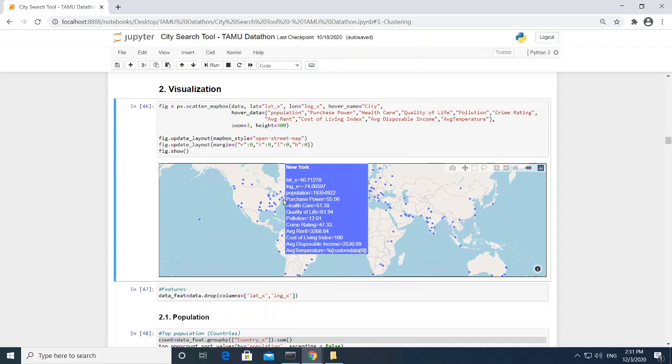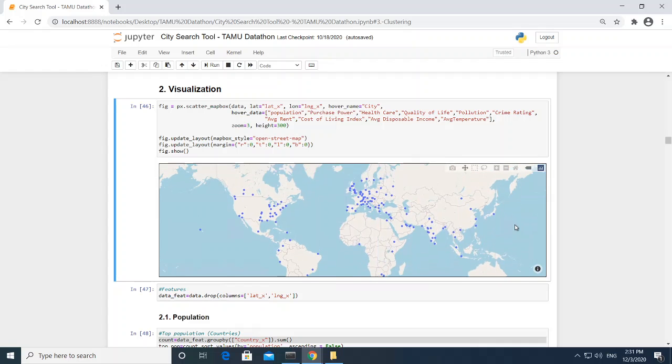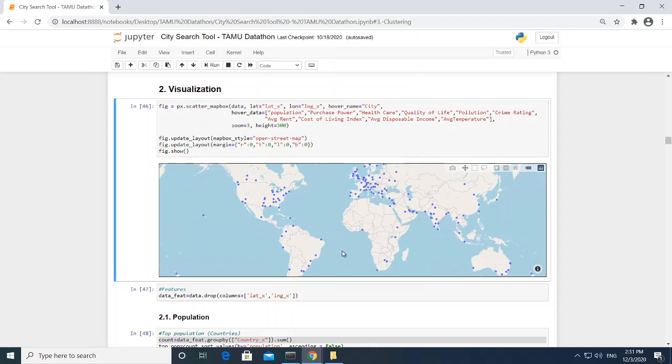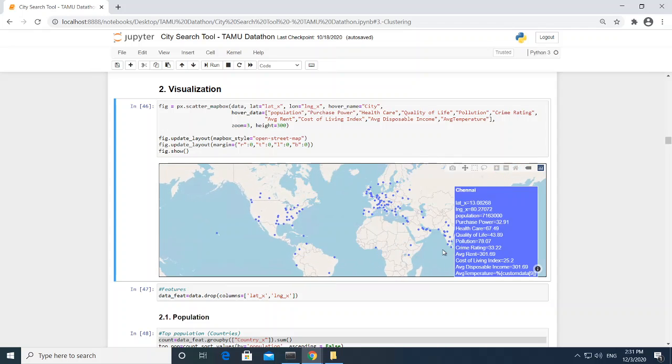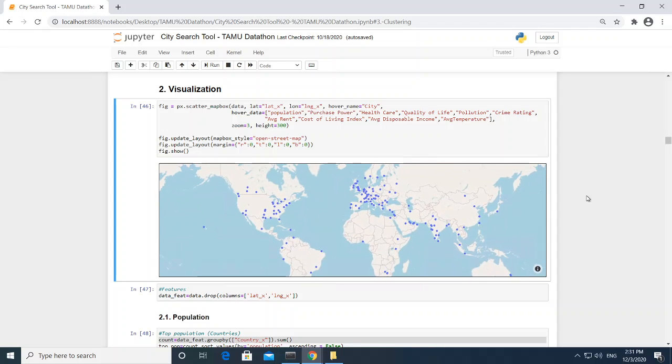Each one of these cities provides its specific characteristics in terms of the features that we decided to include, such as purchase power, healthcare, quality of life, pollution. We did that and obtained this cool map. Like this, we can observe the overall distribution of our data.